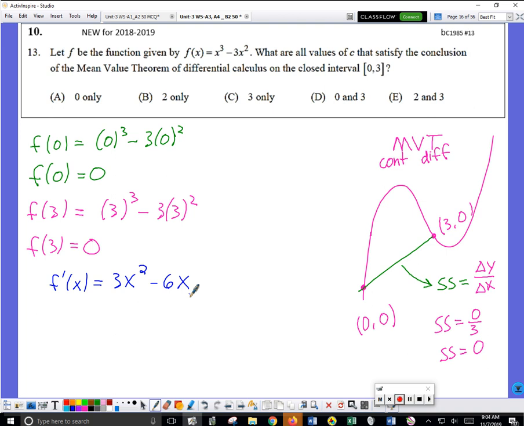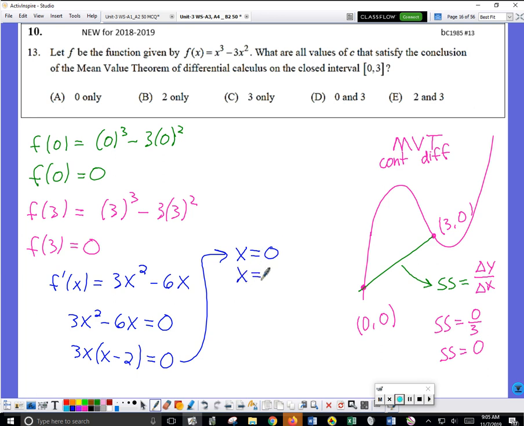Now I want to find at what x this slope equals 0. It's a quadratic, so you need to factor. Take out a 3x, and I'm left with an x minus 2. So there are two values of x which will make this equal 0: x equals 0 and x equals 2.